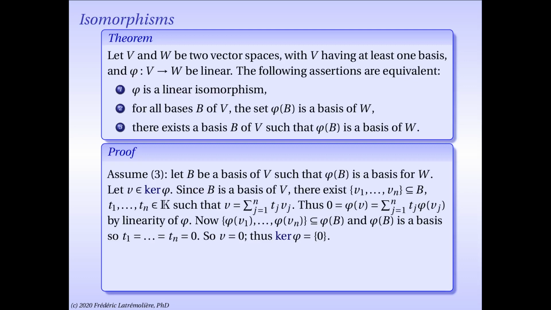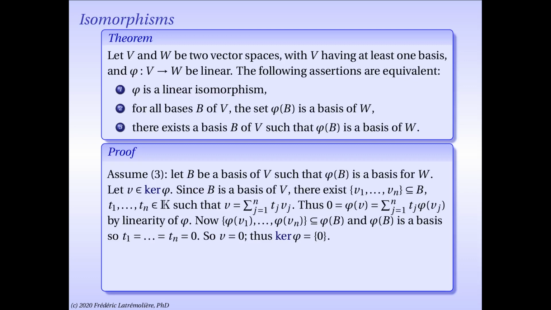So when I apply phi to V, I get 0. So when I apply phi to this linear combination, I get 0. But phi of this linear combination is the linear combination T1 phi of V1 plus etc. plus Tn phi of Vn, since phi is linear. And now I know that phi of V1, etc., phi of Vn is a subset of phi of B, and by assumption number 3, phi of B is a basis of W. Therefore, I can conclude that it is in particular linearly independent, and thus T1 equals, etc., equals Tn equals 0.